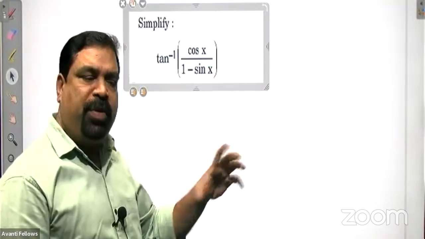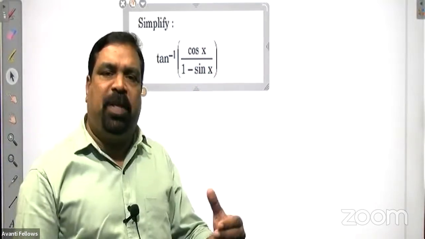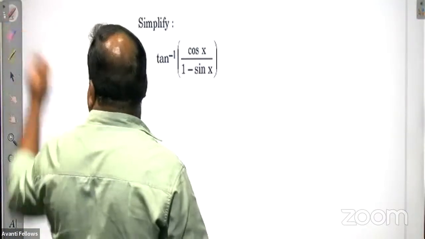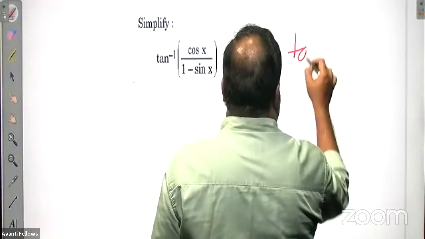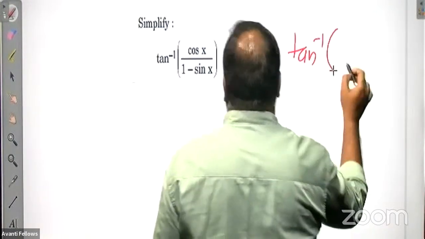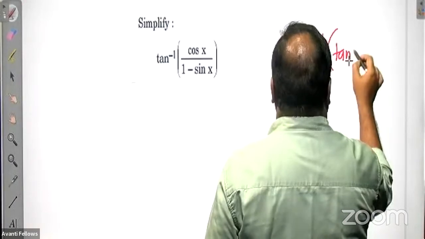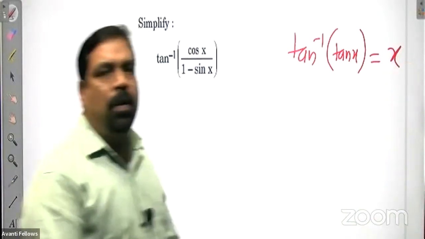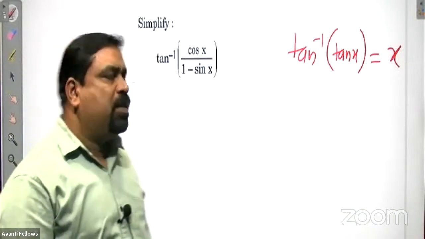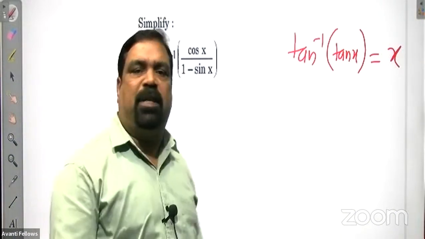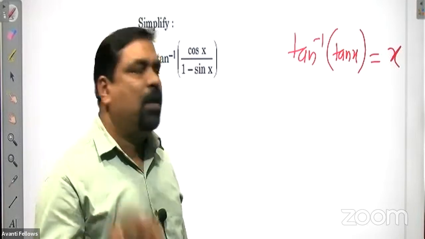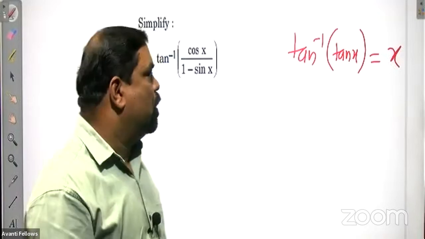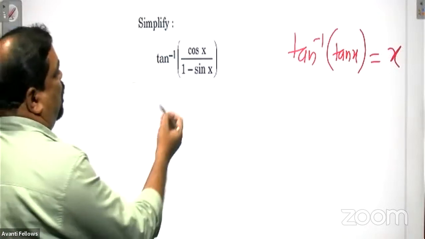We have to simplify it and express it in terms of tan. After that, we can apply the basic property of inverse trigonometric functions, that is tan inverse tan x equals x. So we have to simplify the term inside the bracket and express it in the form tan of something. Let's do that.